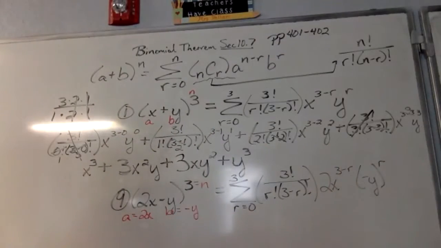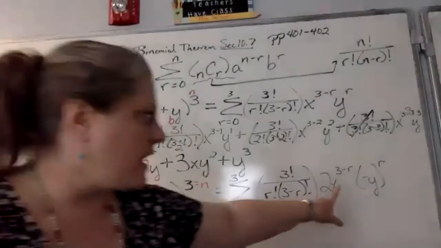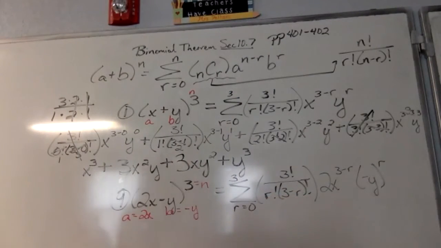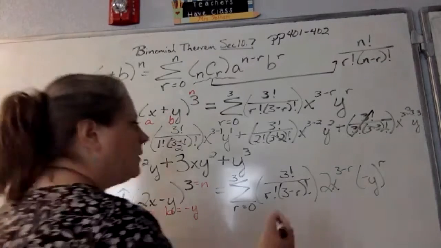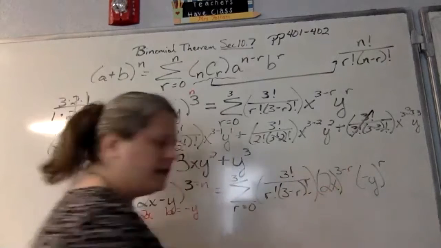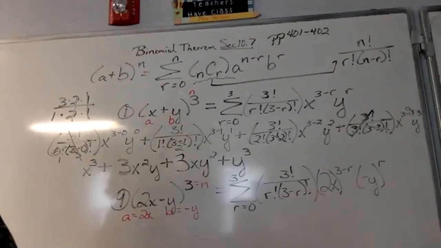And you'll notice I put parentheses just to make sure I keep that negative with my y, which is why I chose to do this one, because it did have the negative on it. Okay? So that's our general formula that we're going to be plugging in. Like I said, if you want to, you can put parentheses around the 2x as well to make sure you keep 2 with x, whatever works for you. Okay, but that's our general formula.